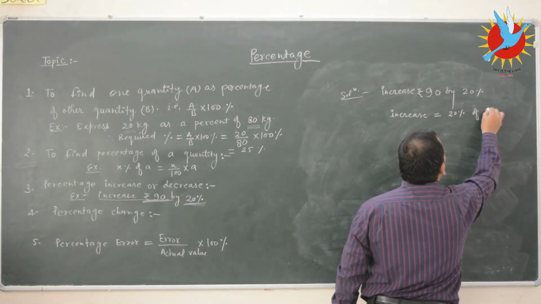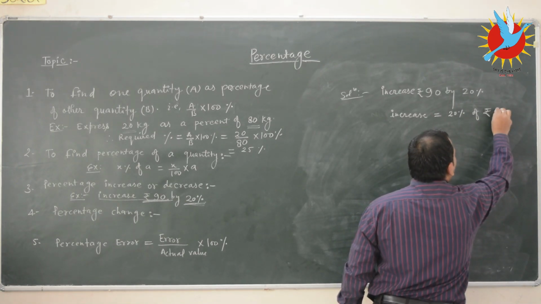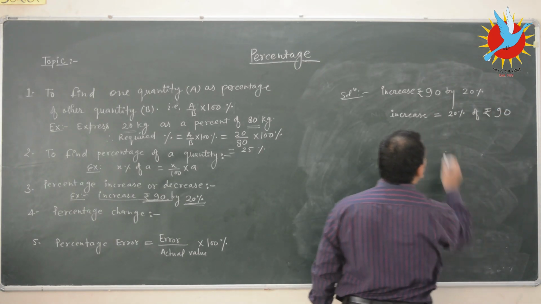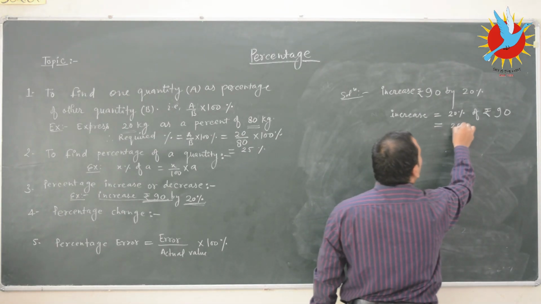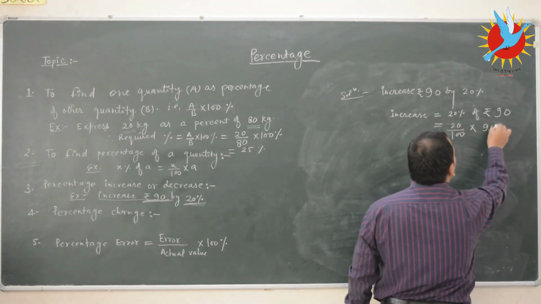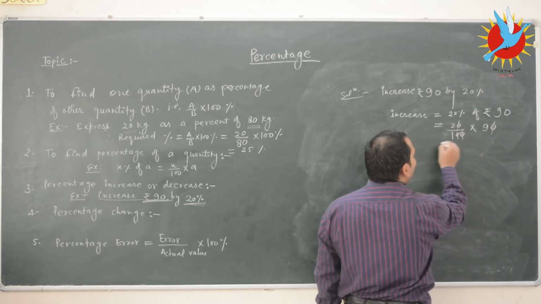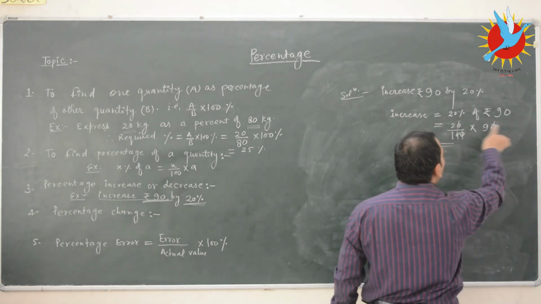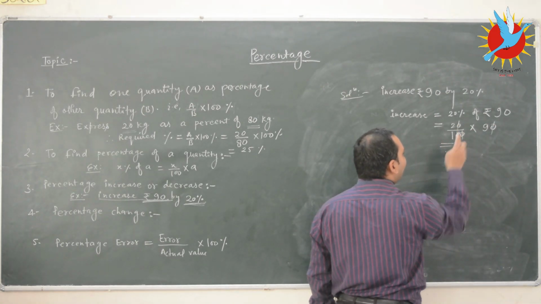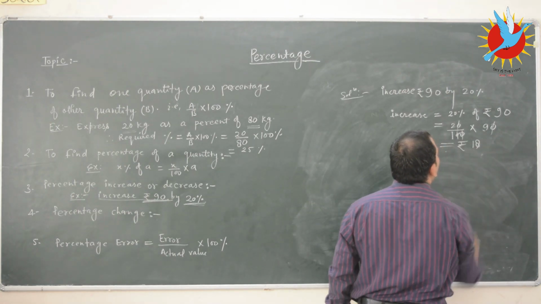Of rupees 90, meaning 20% increase of this amount. So 20% means 20 upon 100. We multiply by 90. 9 2s are 18. So rupees 18 increase.